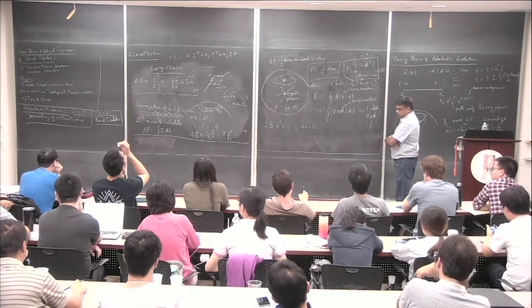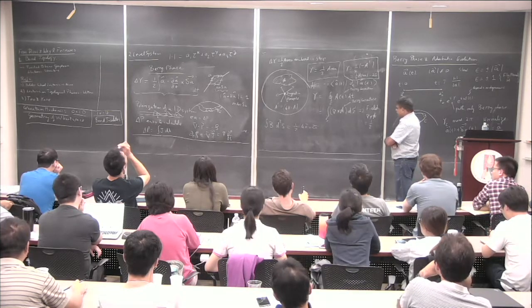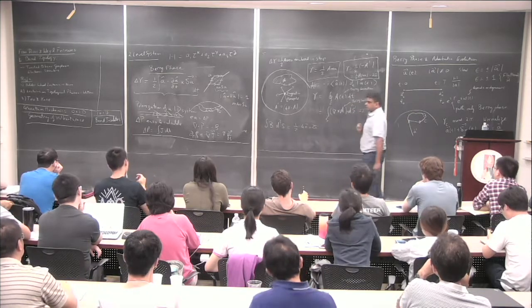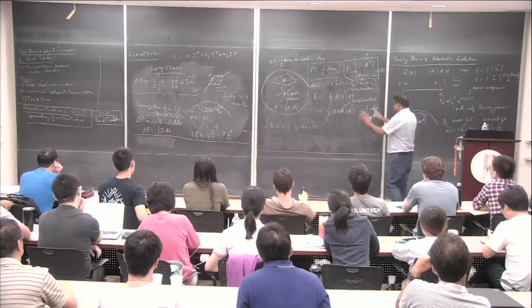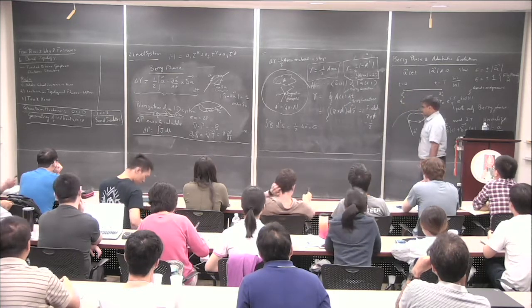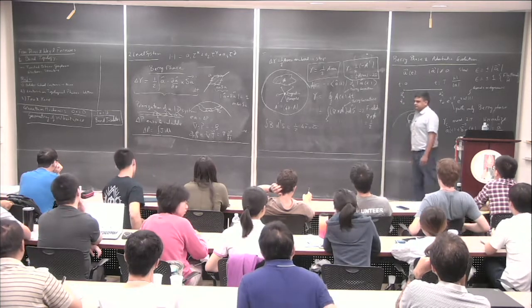Yes, so ds hat. Okay, thanks. I have this a little more clearly in the notes, hopefully. It's standard stuff, but I'll try to get all the factors right in the notes.